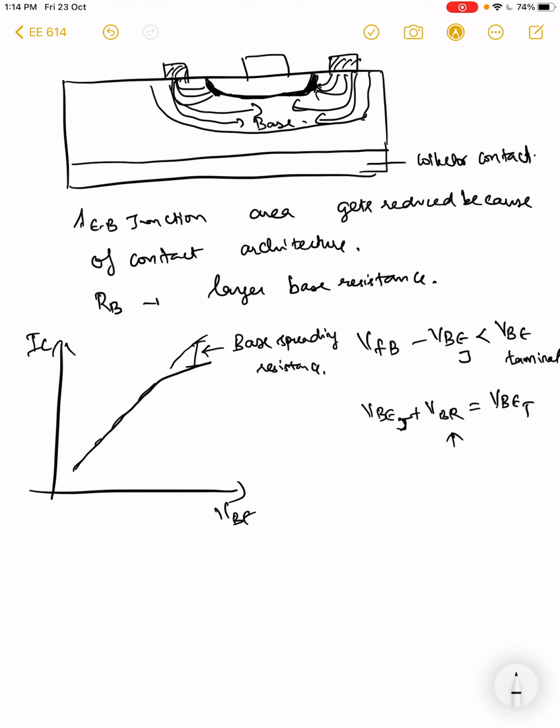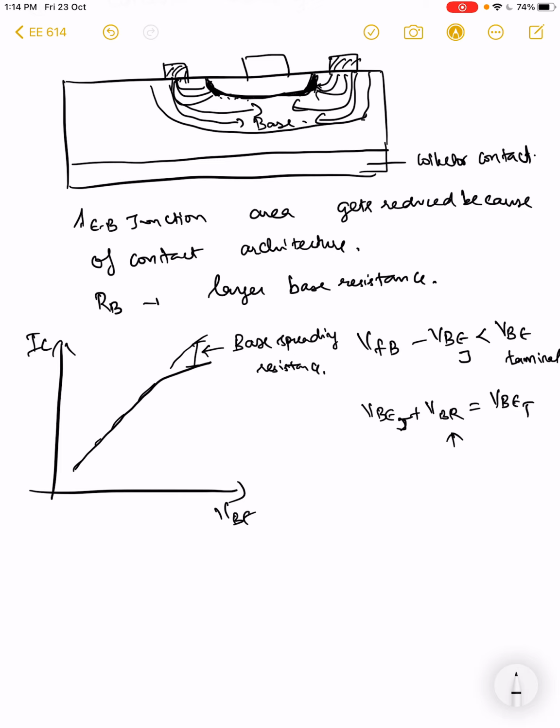And why does it dominate at higher currents? Because at smaller currents, your current will be injected in these areas, and the electron density will have enough space in the emitter base junction to be injected, and hence you really do not have a problem.